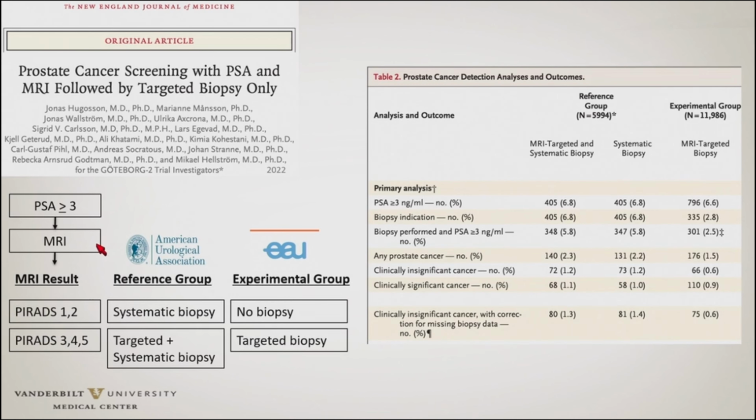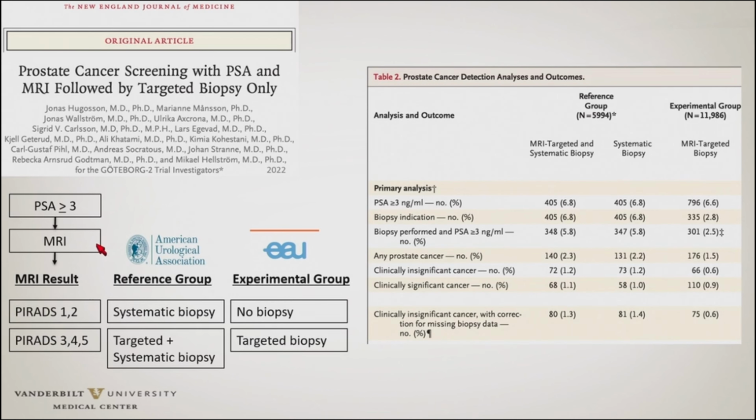They found that biopsies were performed about half as much in the experimental group as in the referent group, either with the MRI positive or with the MRI negative.